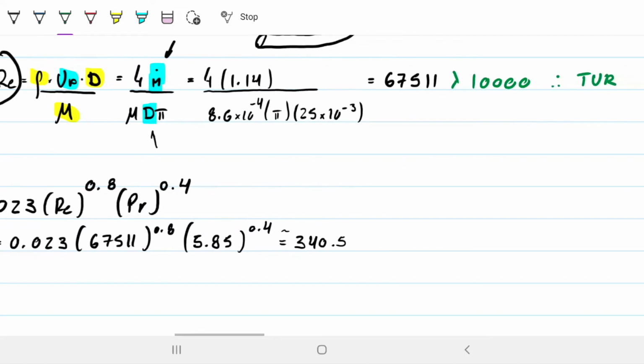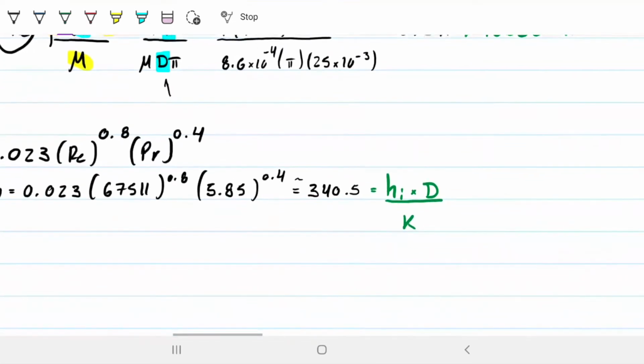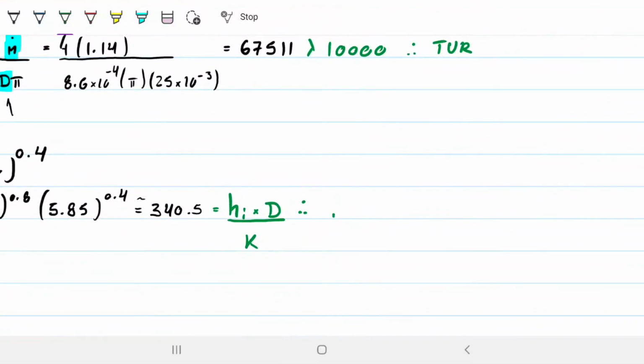And we happen to know this has to be equal to exactly what I'm looking for, the convective heat transfer coefficient, times the diameter, the characteristic length, divided by the conductivity of water. We can grab the conductivity of water off the table.